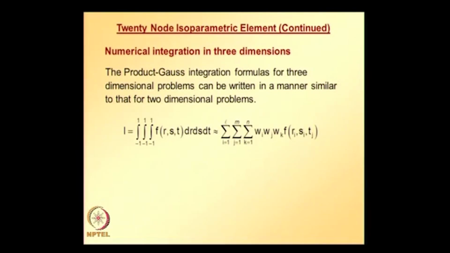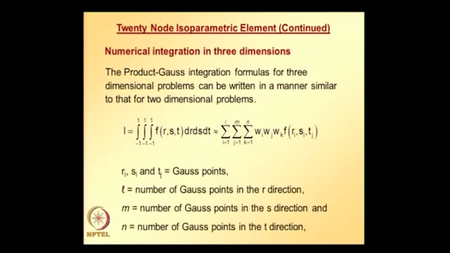So, product Gauss integration formulas for 3 dimensions can be written in a manner similar to that for 2 dimensions, and so each component of the element stiffness matrix can be evaluated using this formula, where definitions of various quantities are given.